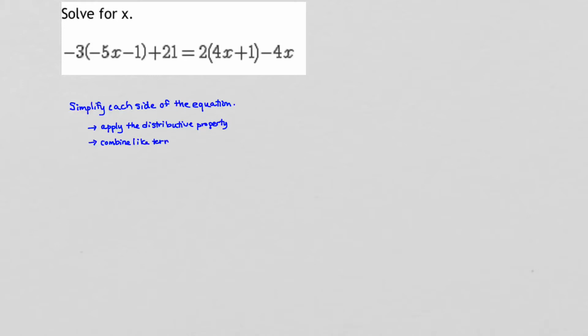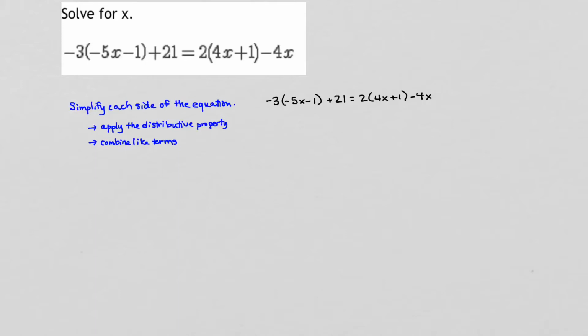So let's start with our equation, and let's look at the left side. Our equation is -3 times the quantity -5x minus 1 plus 21 equals 2 times the quantity 4x plus 1 minus 4x. As I mentioned, we'll start with the left side, and we will apply the distributive property.